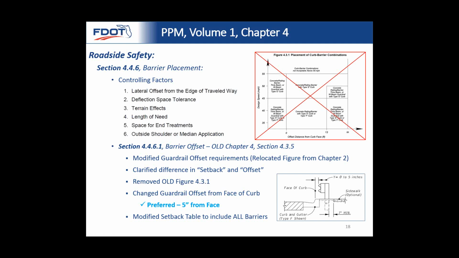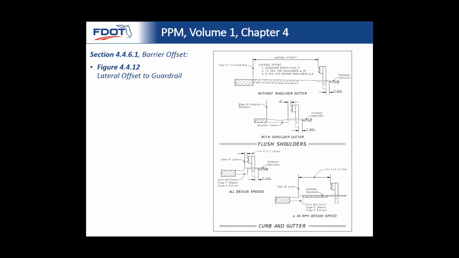So what we did was get rid of that old graph, and we're going specifically to this figure, which used to be located in Chapter 2 of the PPM, but it has all the various criteria for offsetting guardrail, whether it be on a flush shoulder condition or a curb and gutter situation.